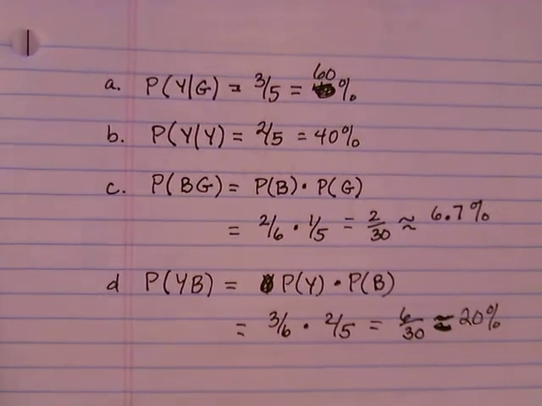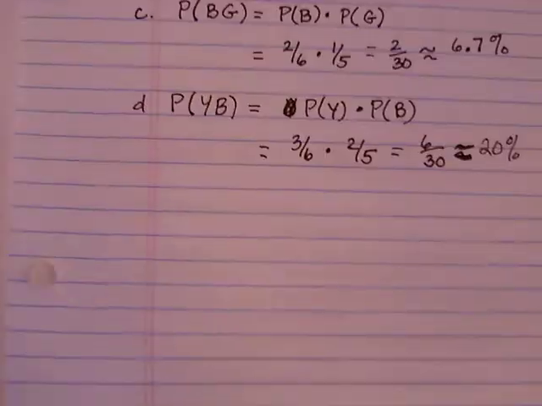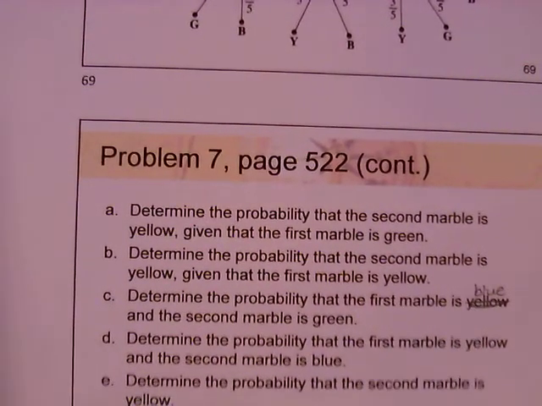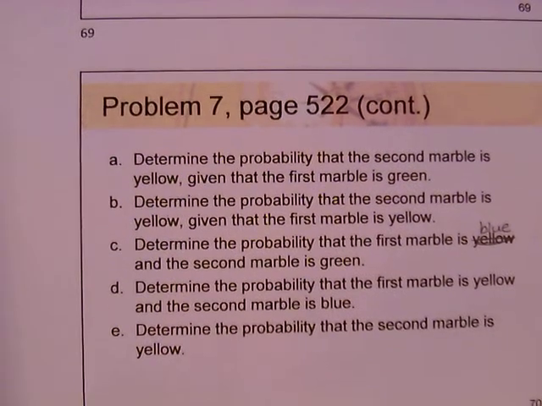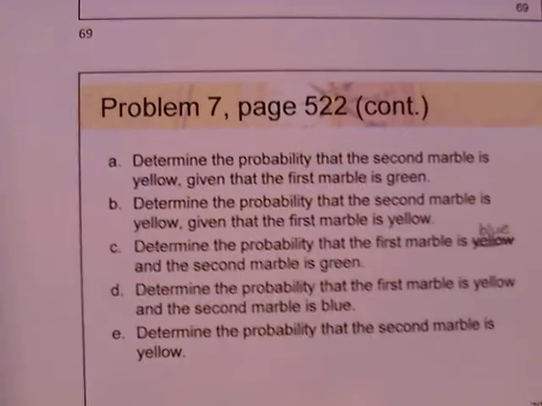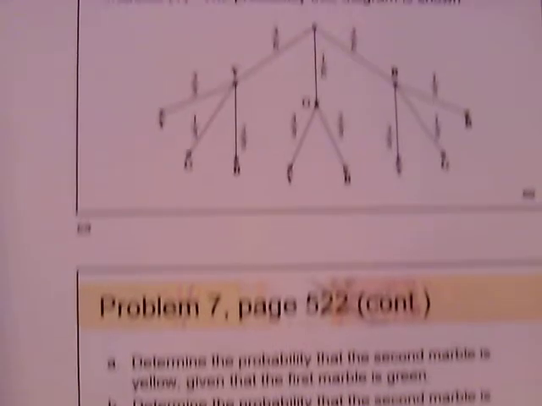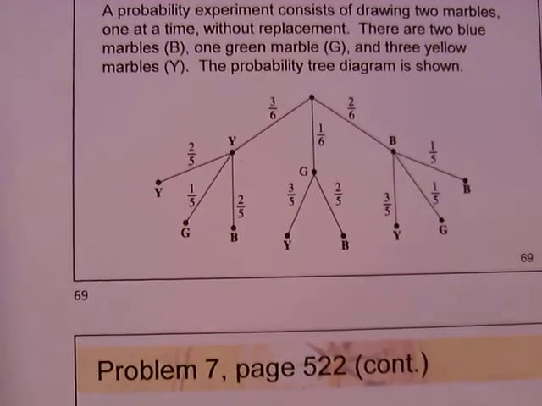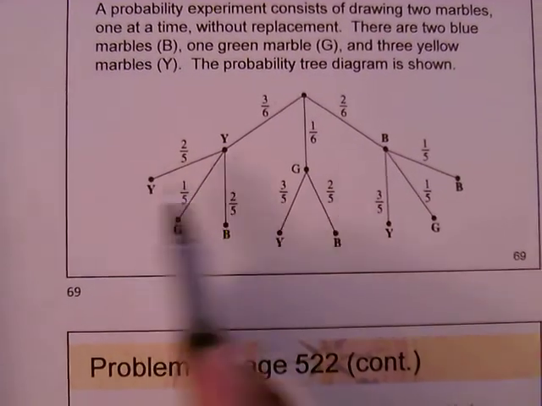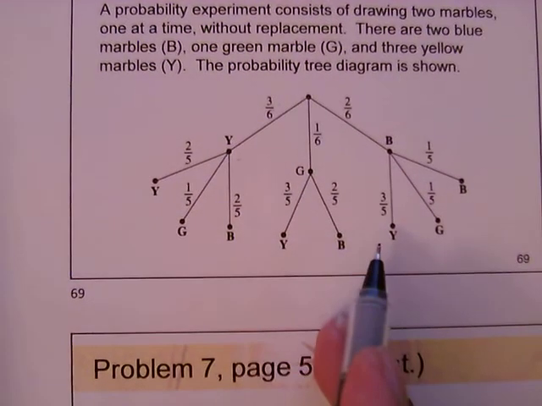And finally, part E. Determine the probability that the second marble is yellow. So here we need to look at all the probabilities where you get a yellow on the second draw. Okay?